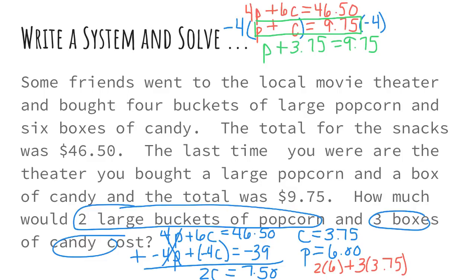The actual answer to this problem is $23.25. Oops, I can't make that fit. Let me find a different place to put my equals sign. Equals $23.25. So that was kind of a long and involved problem.